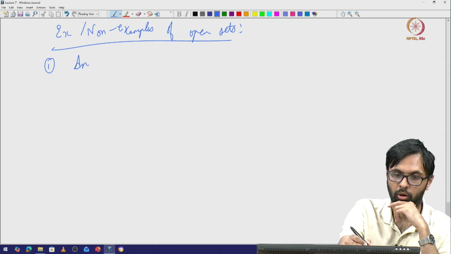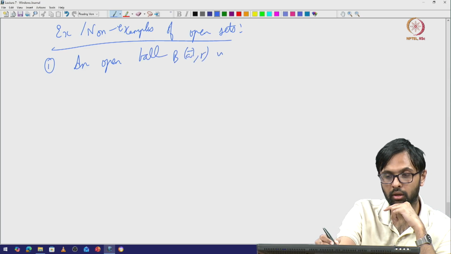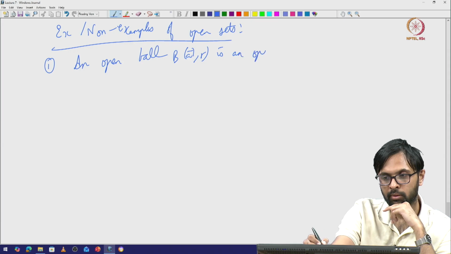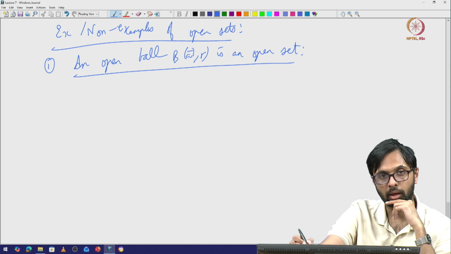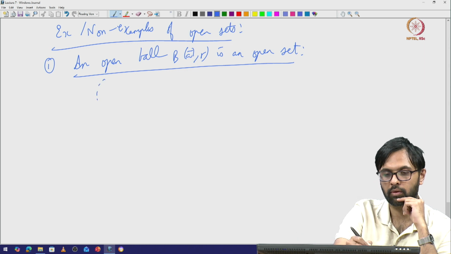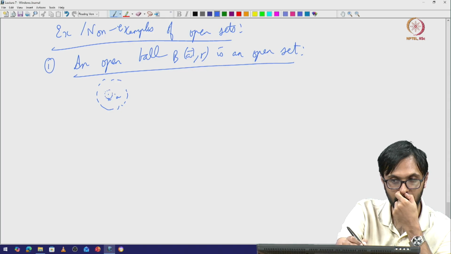Here is an example. An open ball is an open set in its own right. What would this mean if you take any point? In other words, if I take an open ball and a point x in it, I need to be able to find a smaller ball containing x which lies entirely within this.